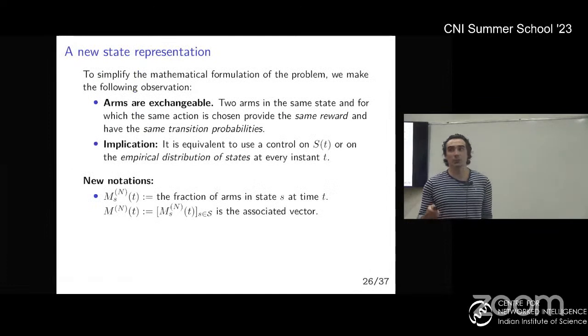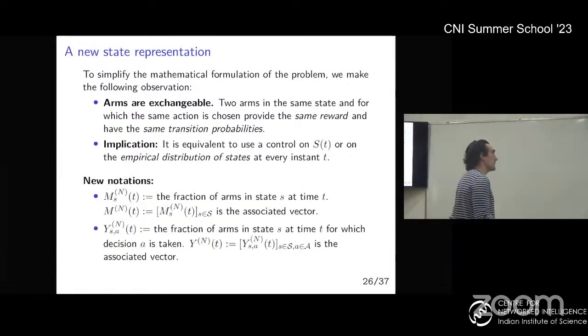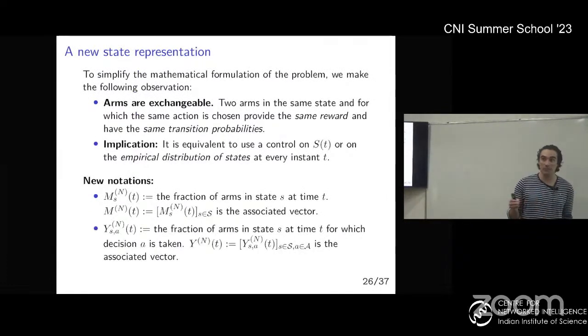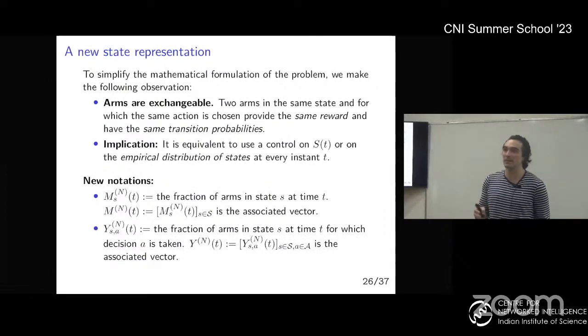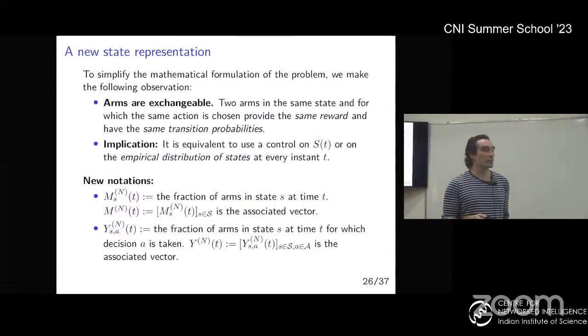Also, one big thing that we have seen yesterday is because we assume that arms are exchangeable, it means that there is some symmetry there, right? So what's happening is instead of just working on this big state space, we will work on the empirical distribution of the states, right?